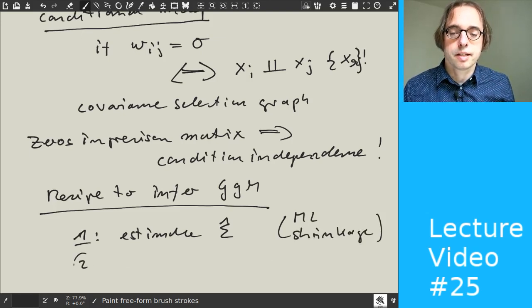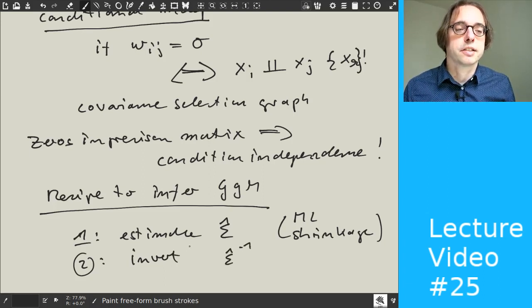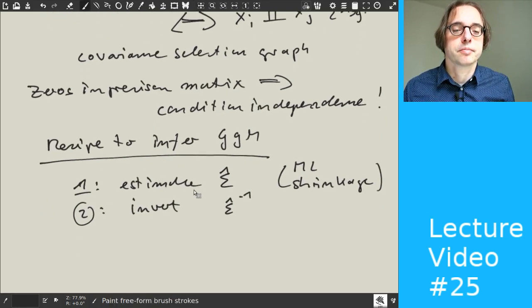Then in the second step, you invert this, and in fact you could also directly estimate the inverse. So basically one step.